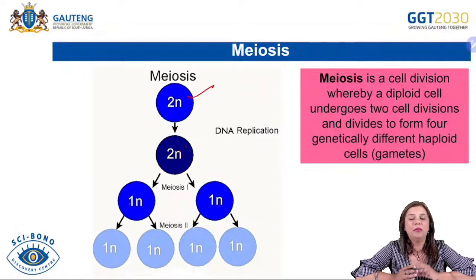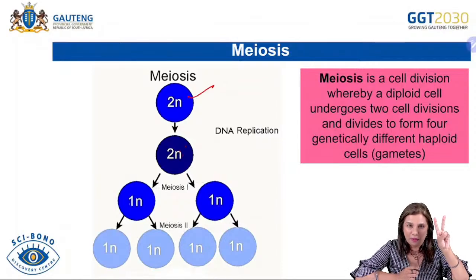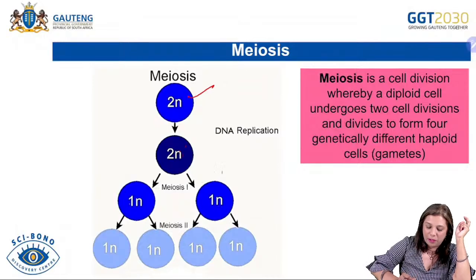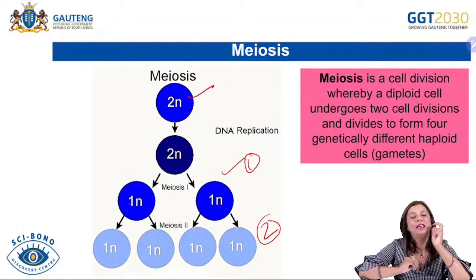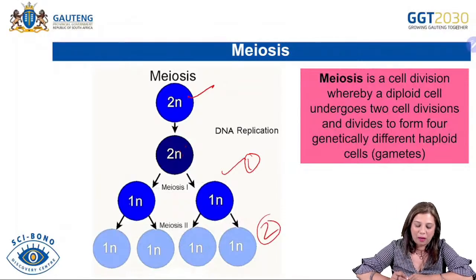So we know that in meiosis we have 2 division processes taking place. Okay, that was the first division. And then the second division takes place in the very same way. You have the nucleus, you have the single set of chromosomes, and they divide further to make another 2.